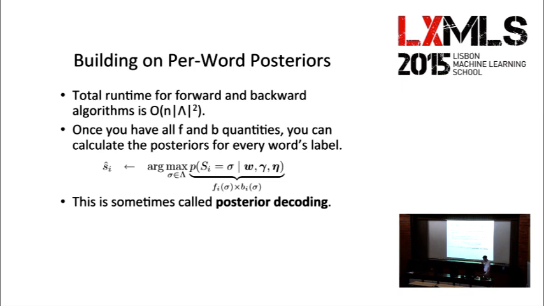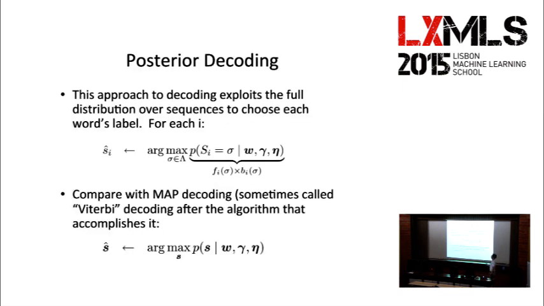Okay, now here's kind of how I think about this. When we did decoding before, we were asking for the global assignment of all the states that was most probable. But here we're asking each of the words, I want to know what label is most likely, given everything else, but without worrying about the decisions for everything else.